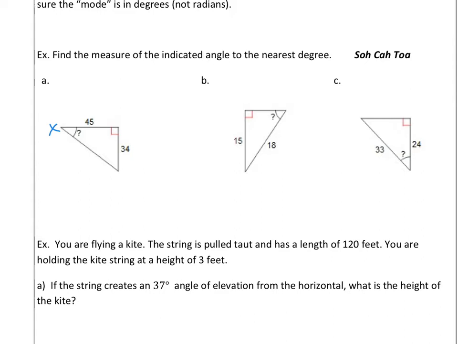I'm going to think about which sides I have in relationship to angle X. The 34 is opposite the angle, so I'm going to label that OPP. And the 45 is adjacent to the angle, or next to angle X, so I'm going to label that ADJ.